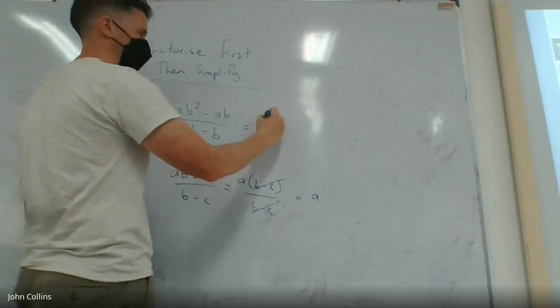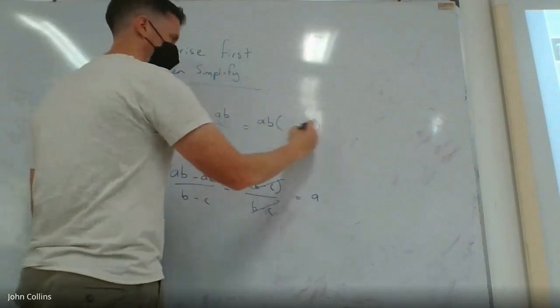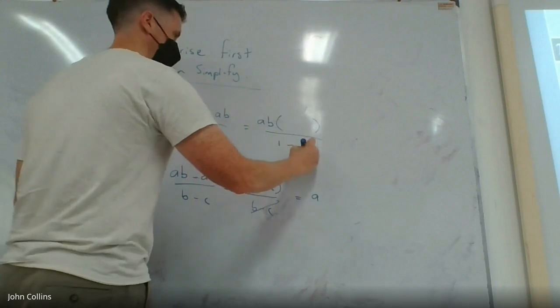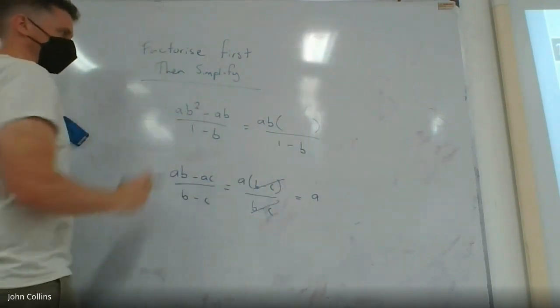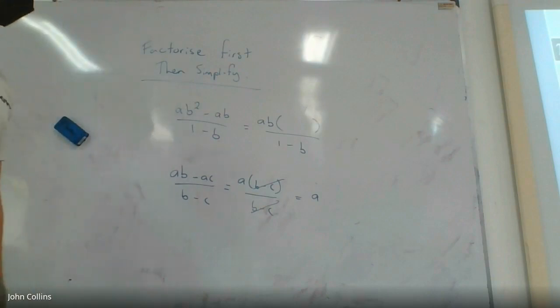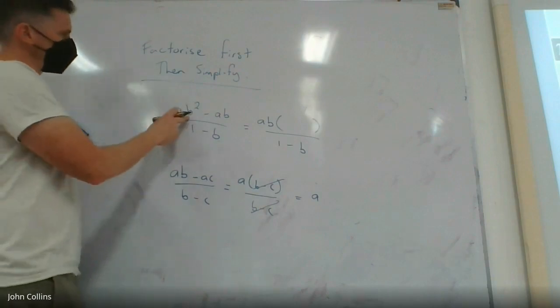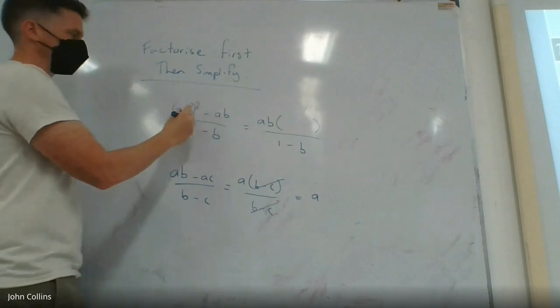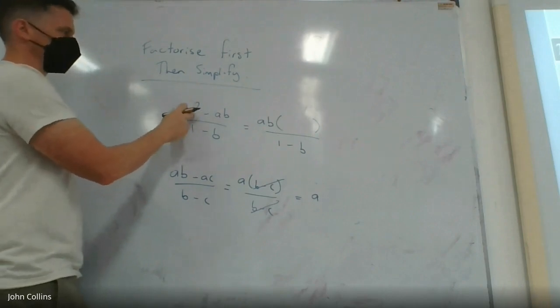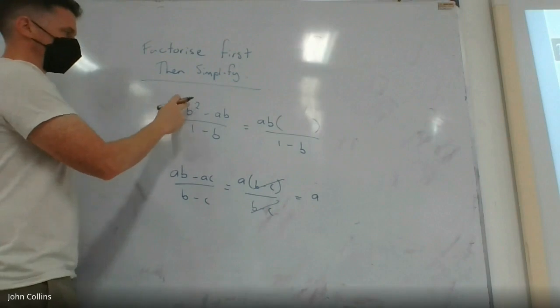AB. So I'll take AB outside the bracket, form my bracket, and 1 minus B is below the line. If I take AB out of this, what's left behind? Only the B is squared. A is not squared. If it was AB squared, they'd have to put it in brackets to say both things have been squared. So it's just B left behind.